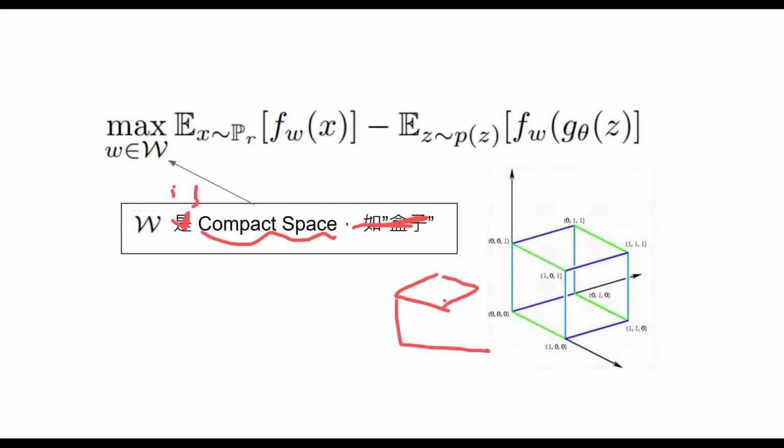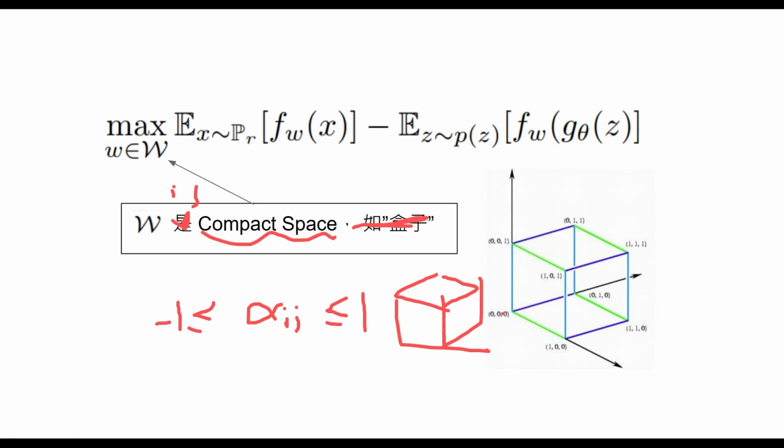So if we put every parameter in the box, it practically just means every parameter, say alpha_ij, is between, say, 1 and minus 1. That's a box.